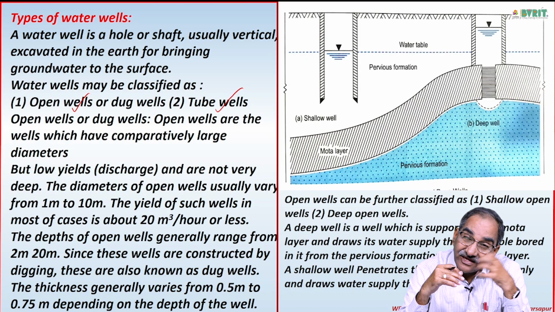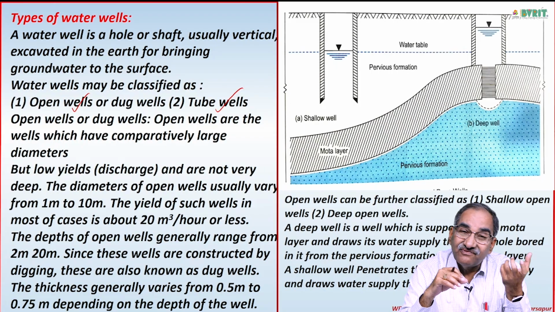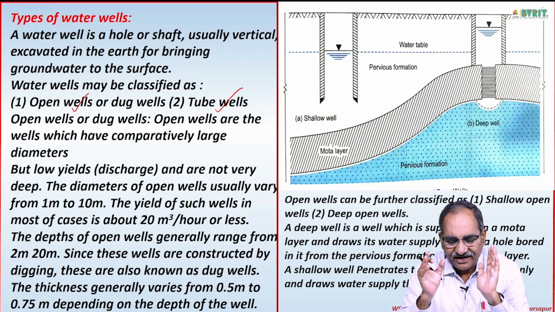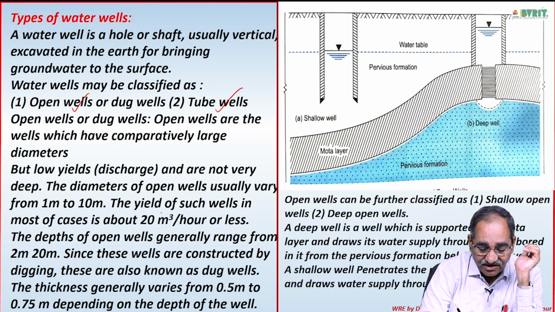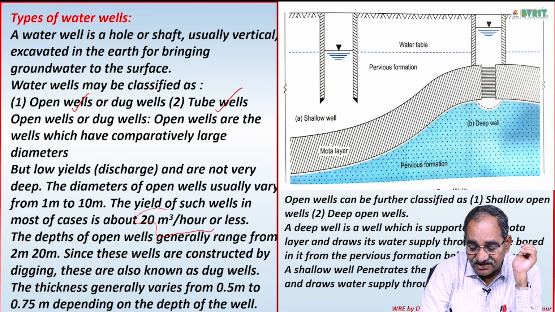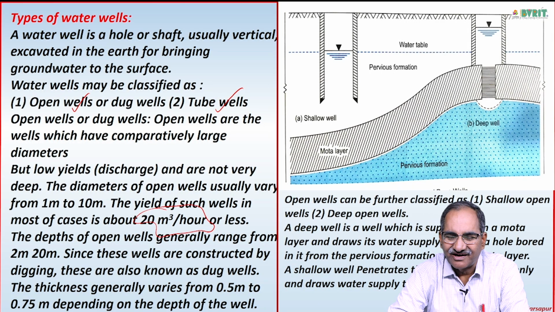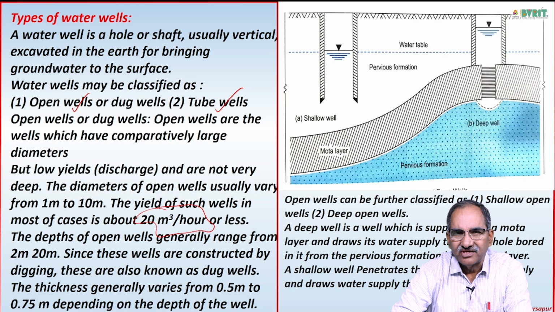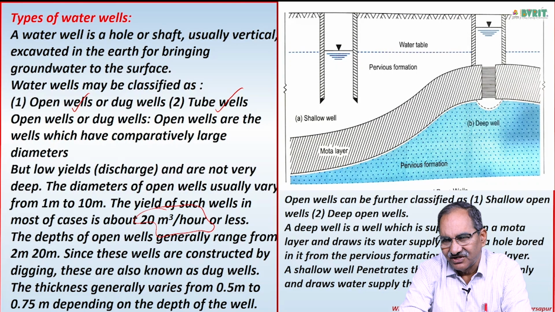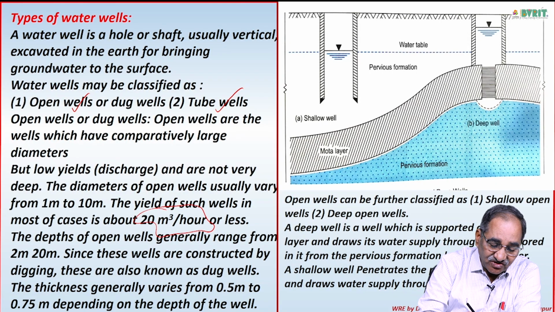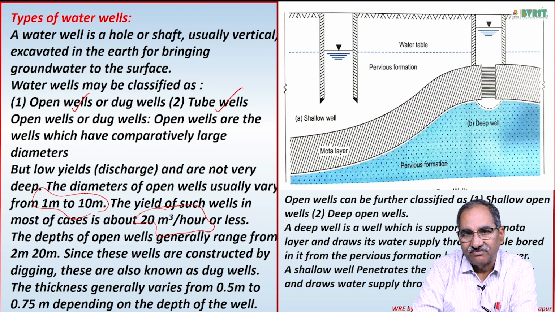And the yield of an open well, the discharge, is also not much. It is very little. In many cases the maximum is only 20 meter cube per hour or less. So, three characteristics I mentioned for the open well. One is the diameter is large, 1 meter to 10 meters.